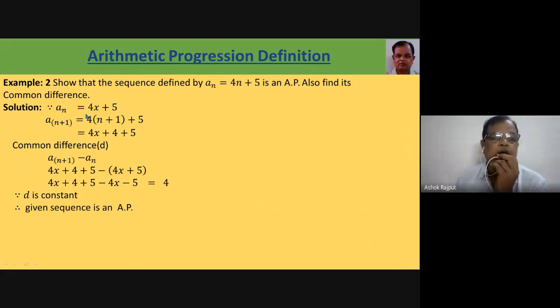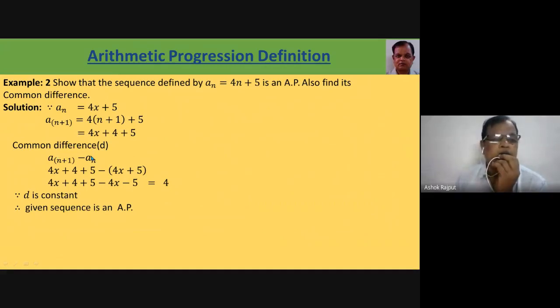As we know an is this, we want to find the next term, so we write n plus 1 in place of n. So a(n+1) equals 4 into (n plus 1) plus 5. When we break the bracket, it will be 4n plus 4 plus 5, or we can say 4n plus 9.